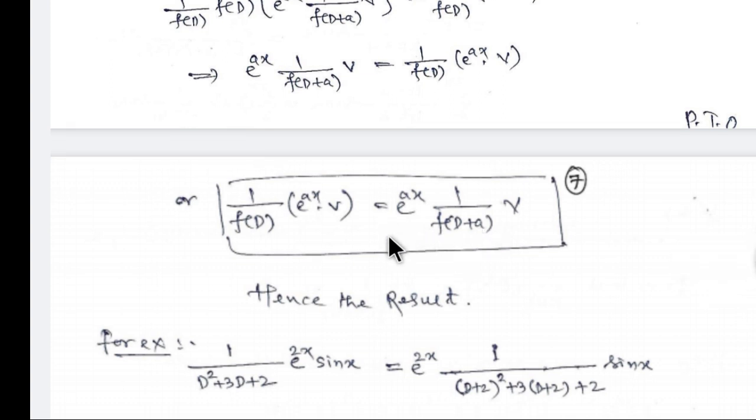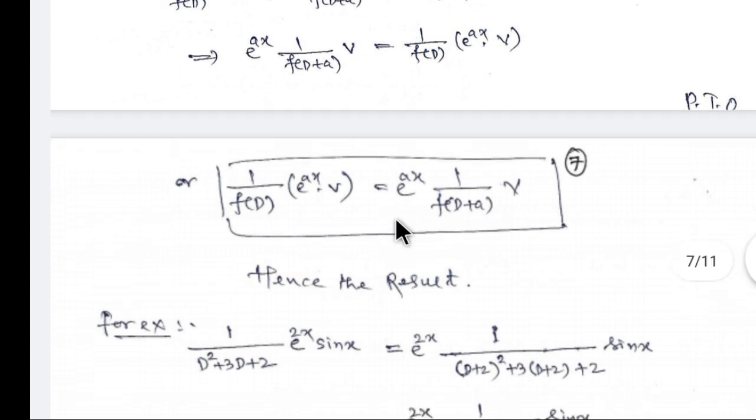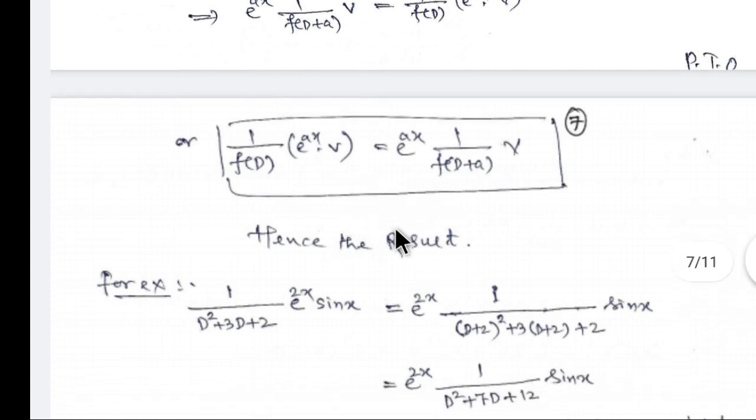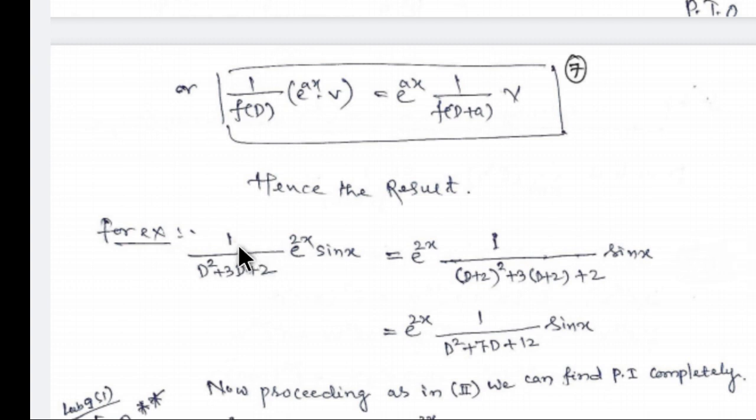Then how is it used for a particular example? You take a particular example. Here 1 by f(D), suppose you take D square plus 3D plus 2. Suppose the RHS function X is given as e raised to 2x into sin x. e raised to ax means a is here 2 and V is here sin x.